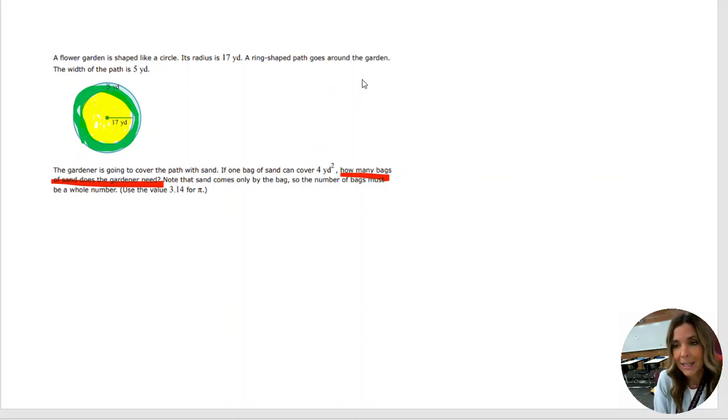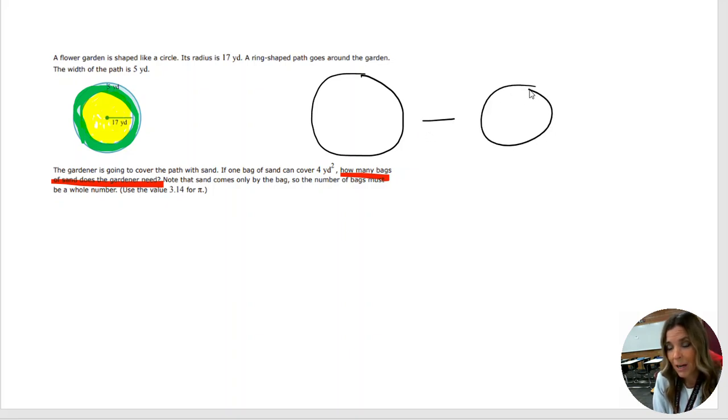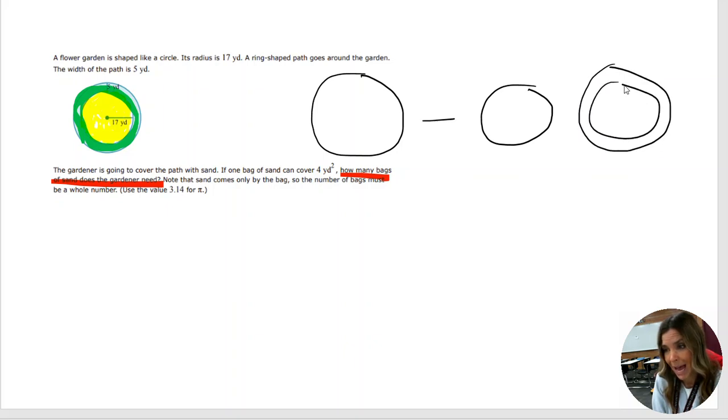So basically, we have this big circle that includes the path and the garden. And if we subtract out the flower garden, it's going to leave us with the area of the path. So we are going to need to know the area of the big circle, that is everything, right?